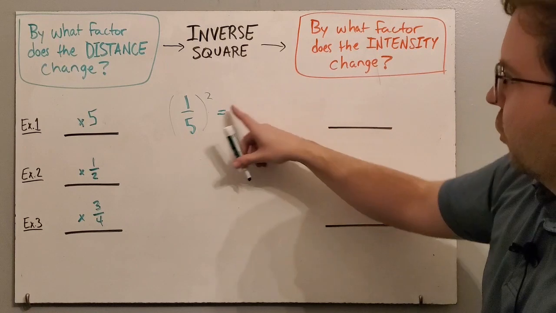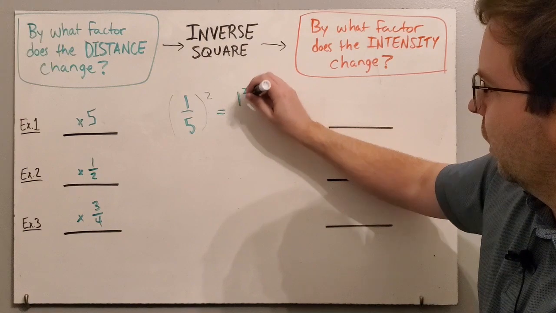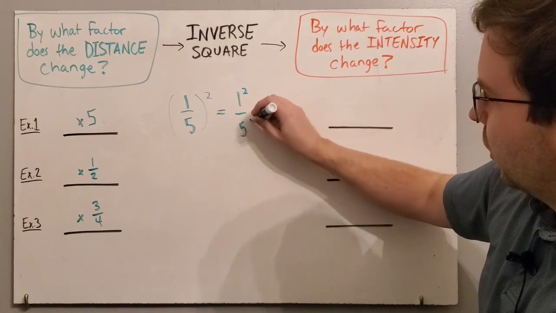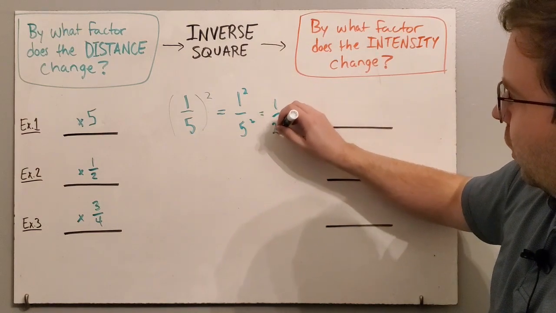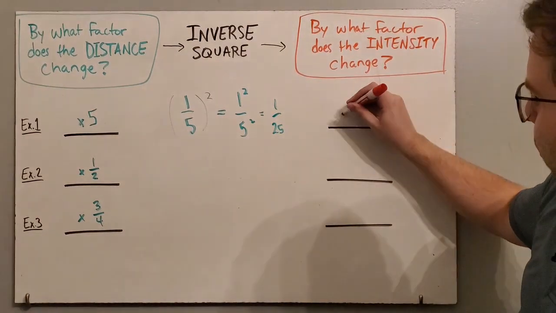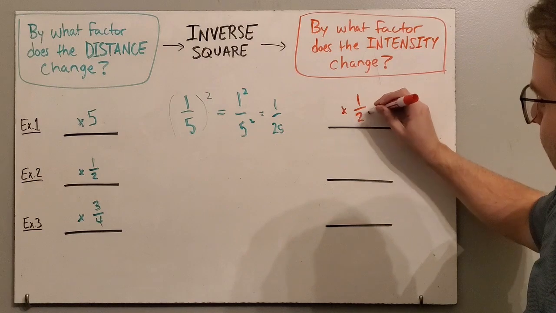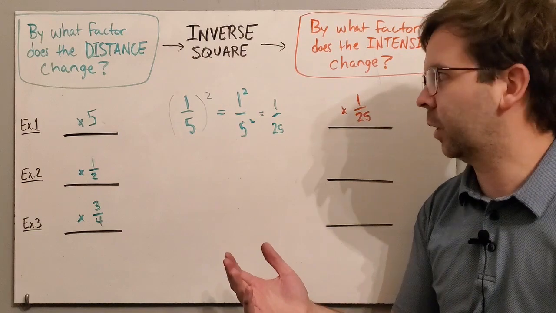Now remember the laws of exponents, the square gets distributed to the numerator and the denominator here. So that's going to be 1 squared over 5 squared, which would be 1/25. So if you go 5 times further from your source, the intensity is going to drop by a factor of 1/25. Okay, and that's the inverse square law.